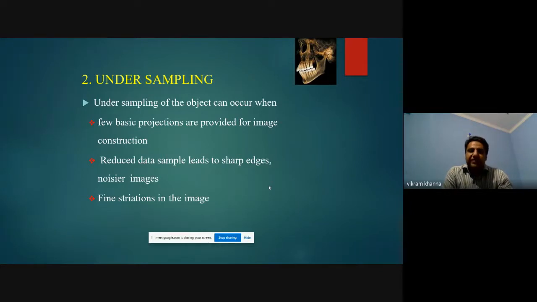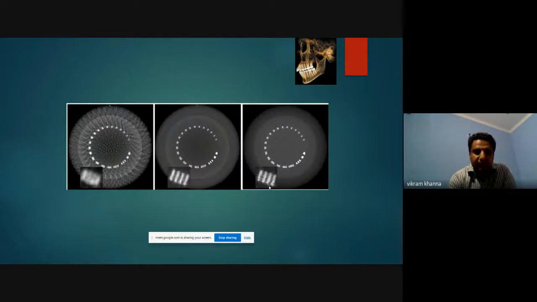It will be very much less in the 270 degree rotation, somewhere around 200 to 300. So definitely less data, less resolution, less sharpness, and a lesser amount of information which you are going to get. This is from lesser. Again, if you rotate more, then you will get much more information, and this is with the maximum information.